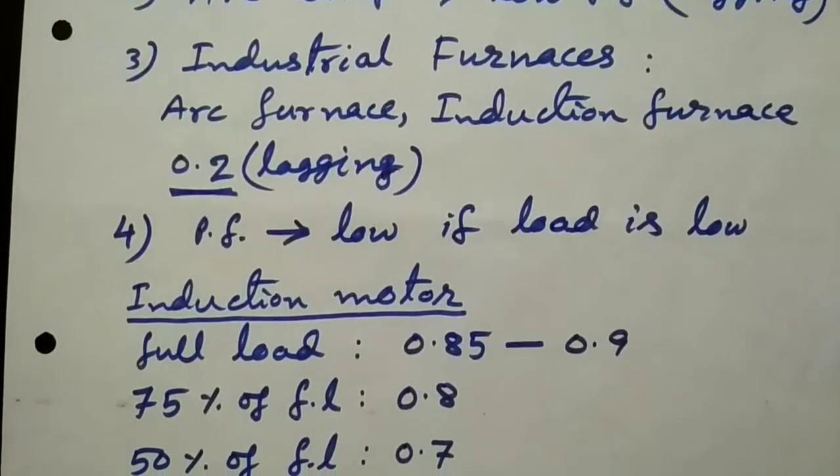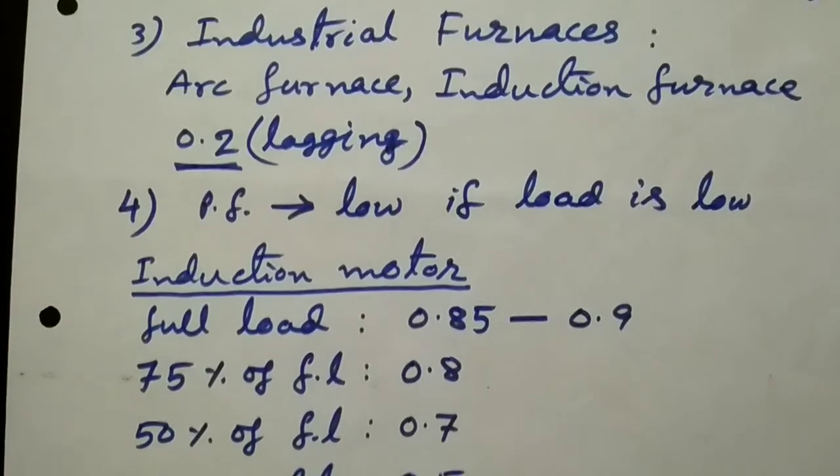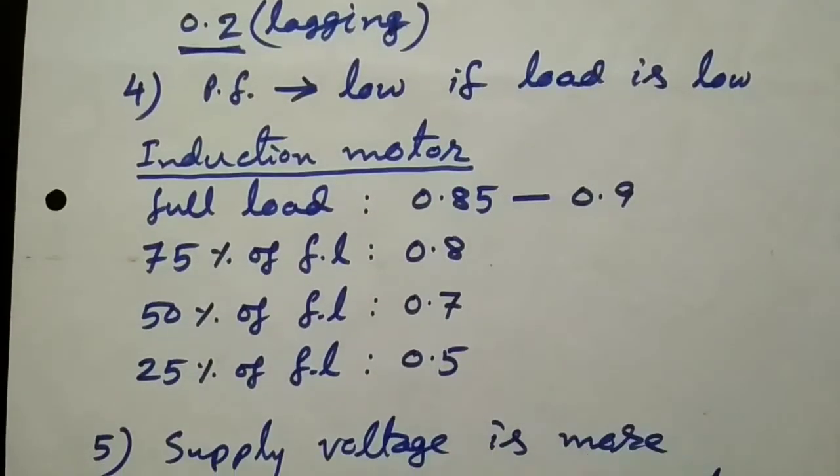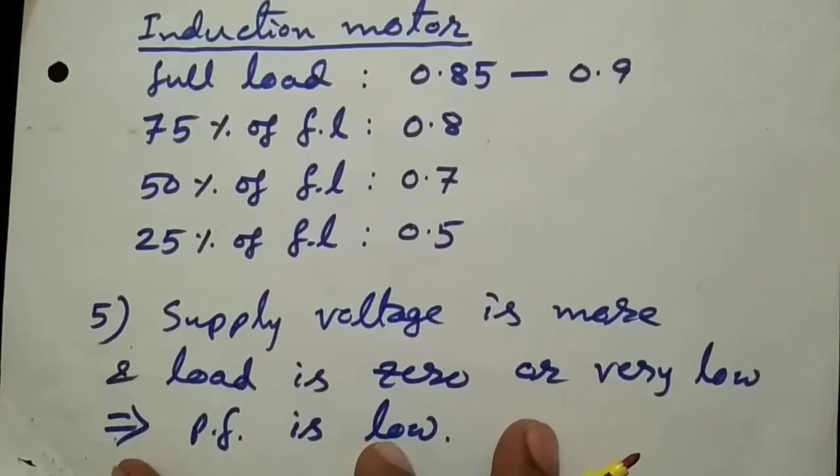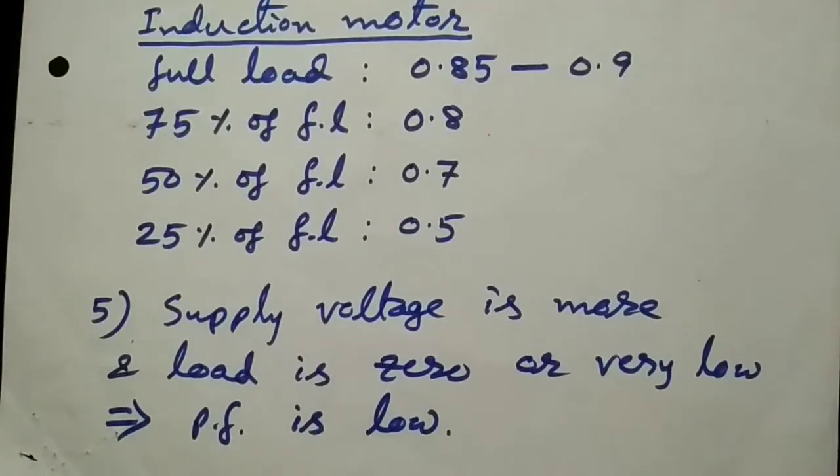The power factor becomes low if the load is also low. For example, if the induction motor runs at a lower percentage of the full load, then its power factor gradually decreases. And finally, if the supply voltage is more and the load is 0 or very low, then also the power factor becomes low.